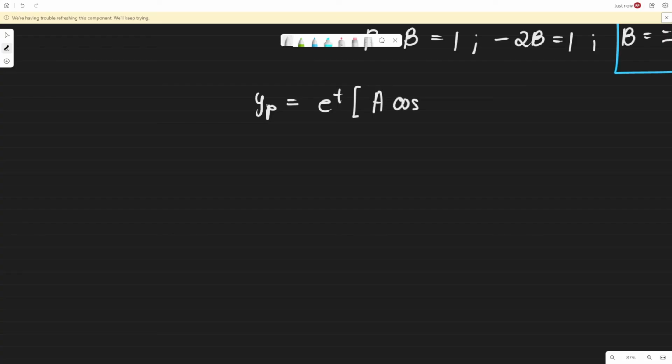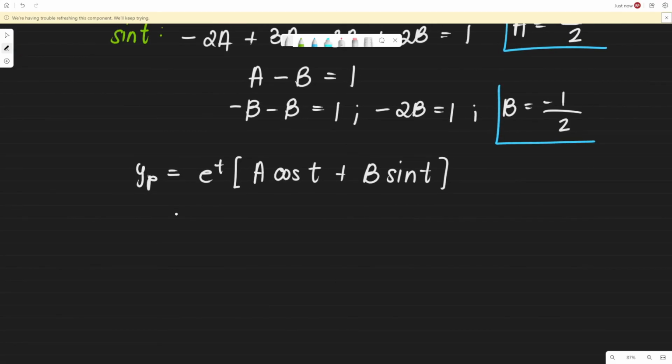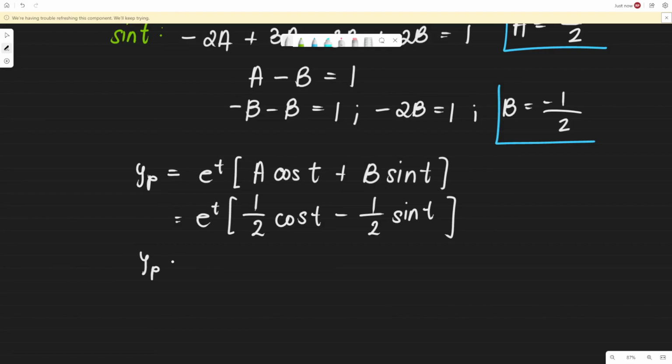So we have A cos t plus B sin t. Okay, so A is equivalent to 1 half, B is equal to negative 1 half. So we have e^t, 1 half cos t minus 1 half sin t. Since common again si 1 half, I can factor out 1 half. So we have yp is equivalent to 1 half e raised to t, cos t minus sin t.